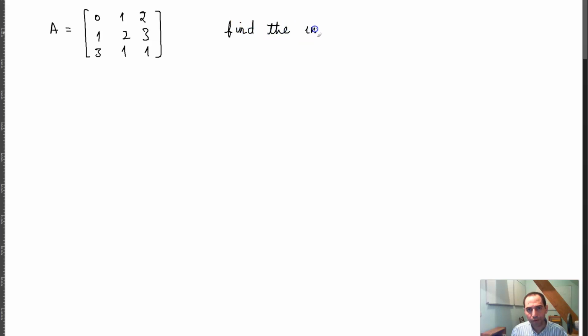So I have A is equal to 0, 1, 2, 1, 2, 3, and 3, 1, 1. And you want to find the inverse of A using elementary column operations.